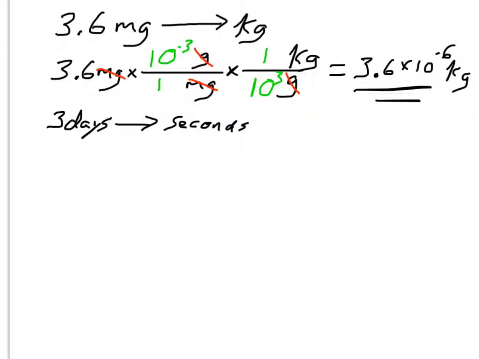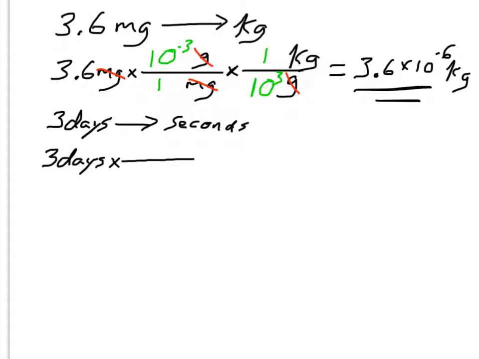So write down what I know. If you happen to know how many seconds are in a day, then you can go directly to seconds. I don't have that one memorized. I can look it up, but I don't have it memorized at the moment.